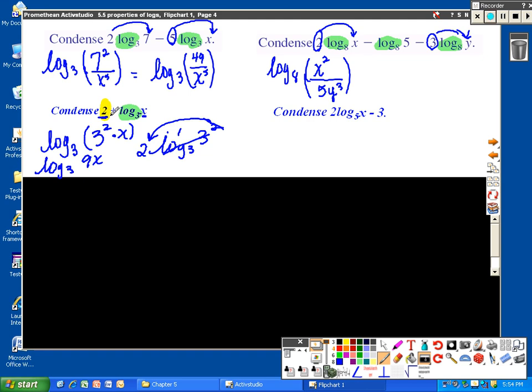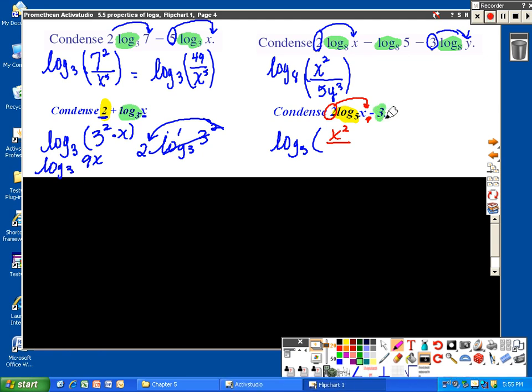Okay, let's try the next one. What log are you going to write it in? It says log 5. So it is log 5 of what value? My 2 is my power, so that becomes x squared, minus means to divide, and then I have my value alone.